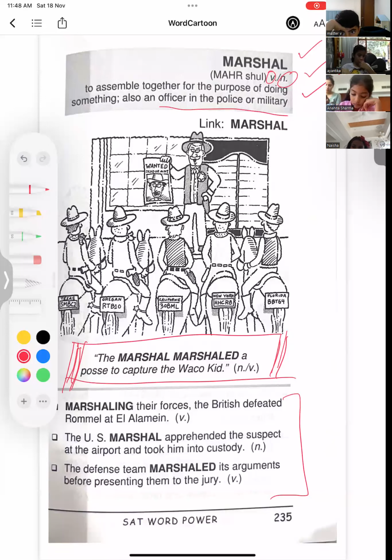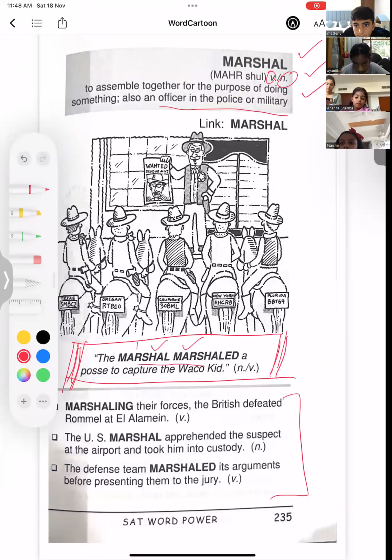Now see, my question here will go to Netik. Netik, unmute. The marshal marshaled a posse to capture the wacko kid. Okay. Now, first of all I see that this particular statement has been altered because marshaled has come. MM is there, right? Yes. Okay.